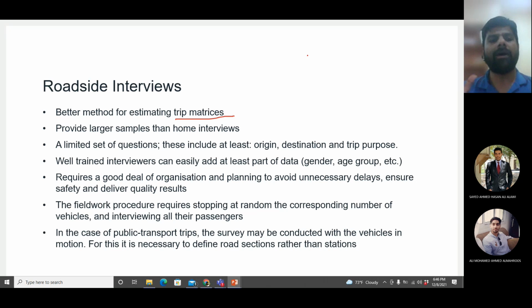And obviously then you have to reduce the number of questions as well because of the location, right? You cannot stop people for a long time on the roadsides. In a household it is easier, people are in the house, they are more willing to answer your questions. So the limited set of questions, but 3 important questions: origin, destination, purpose. Purpose coming again.